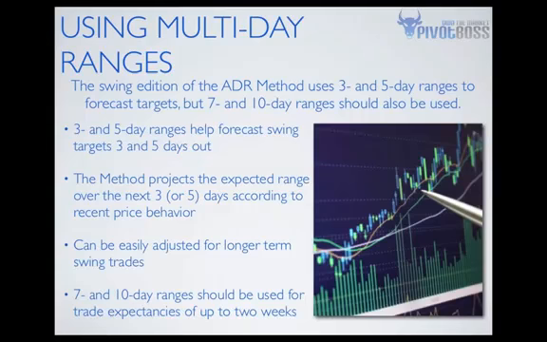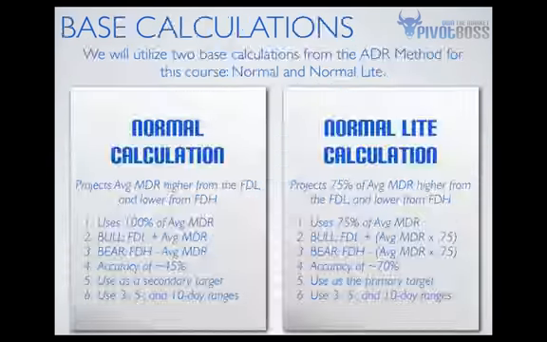That's a 15-day MDR. So you can adjust these accordingly and according to your trading style. The 3 and 5-day ranges help forecast swing targets 3 and 5 days out. The method projects the expected range over the next 3 or 5 days according to recent price behavior, which means you're factoring in the most recent price volatility, and that's always important.